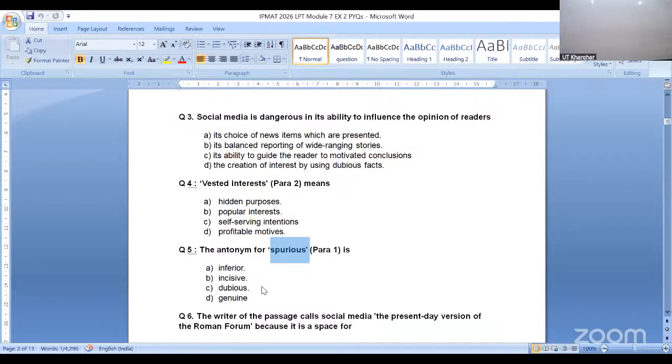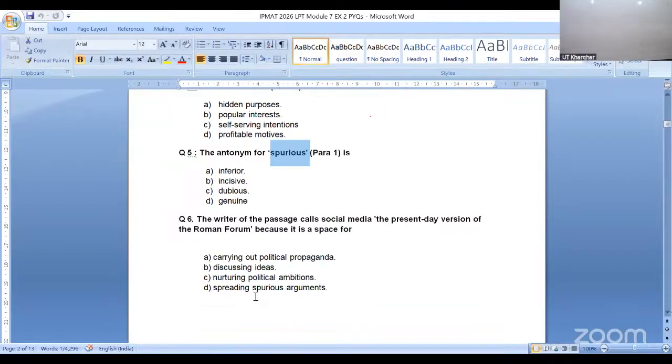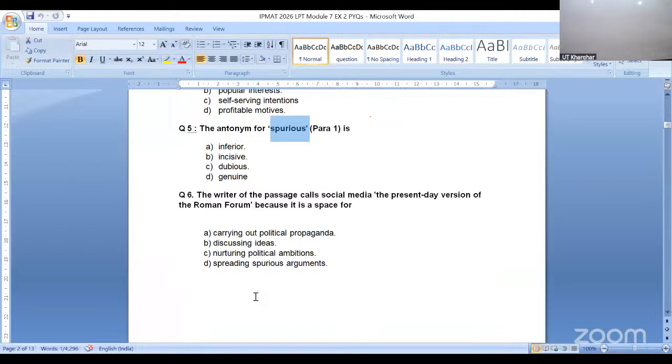Okay, antonym of spurious. Genuine. What does spurious mean? Something that is false, so it is not authentic. So the opposite will be genuine. Okay, question number 6. What did you get as the answer? Ma'am, option B, discussing ideas. Anybody else? C, dubious. Question 6. Okay, 5 is done.